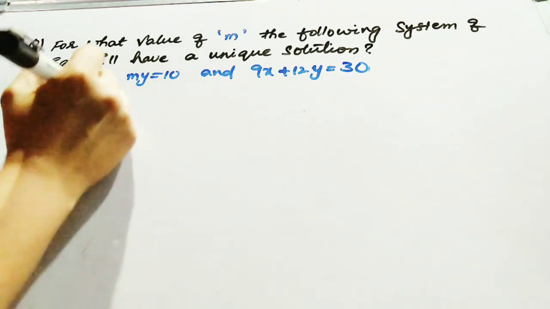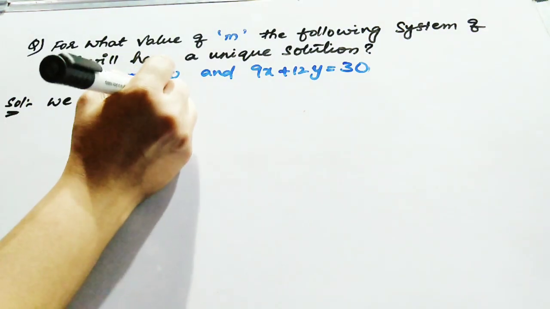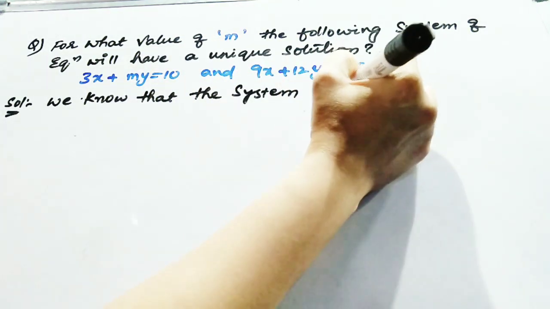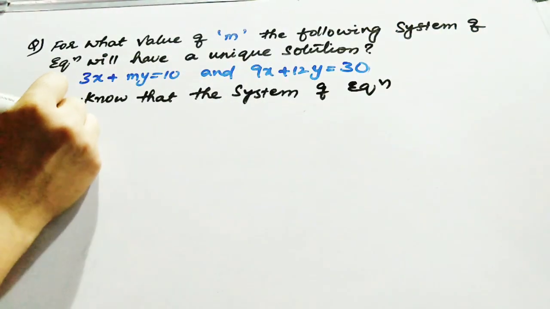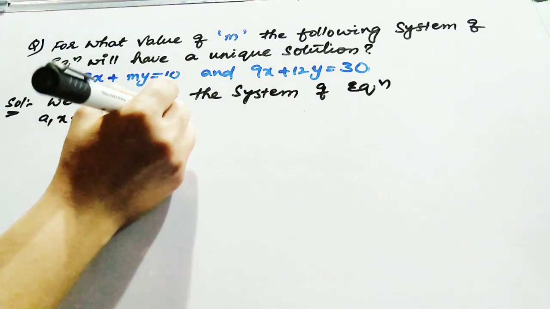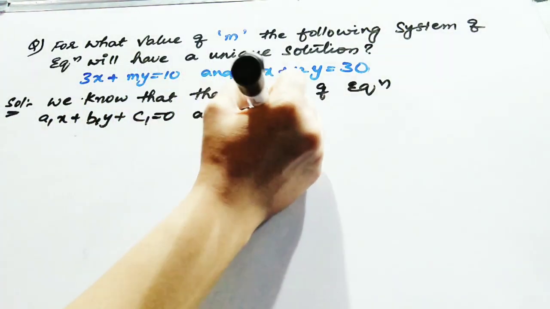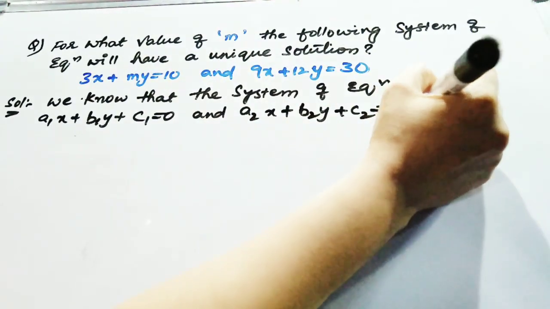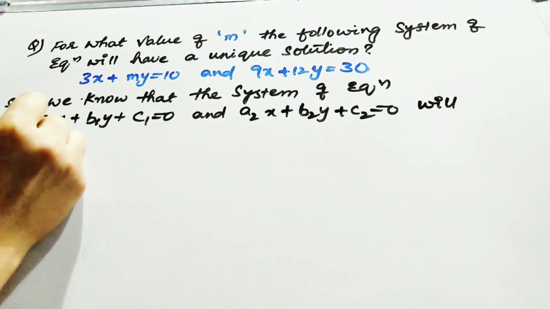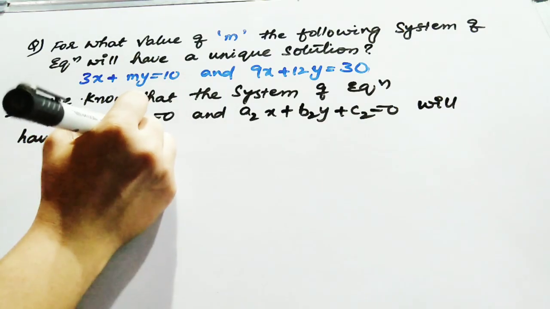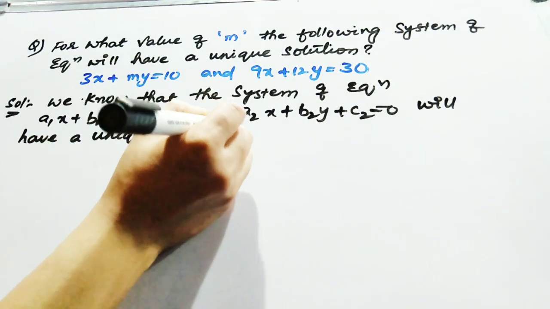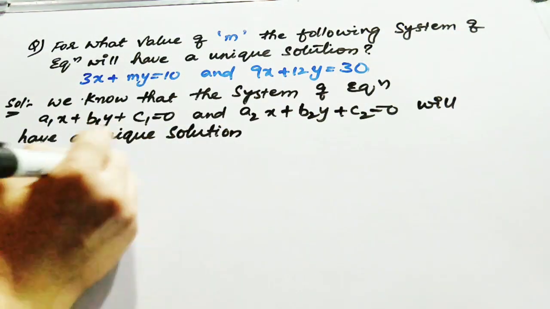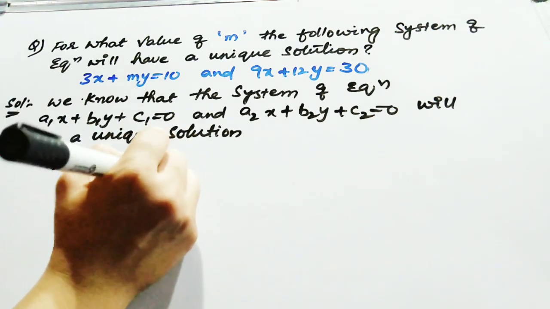We know that the system of equations a1x plus b1y plus c1 is equal to 0 and a2x plus b2y plus c2 is equal to 0 will have a unique solution if a1 upon a2 is not equal to b1 upon b2.